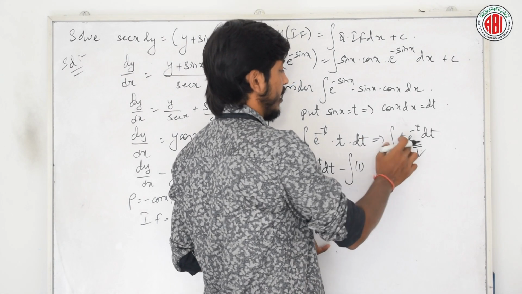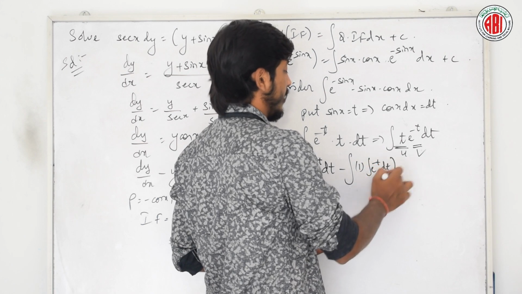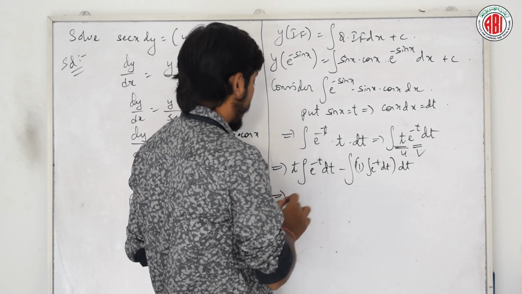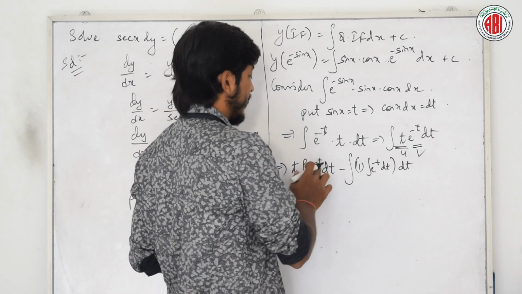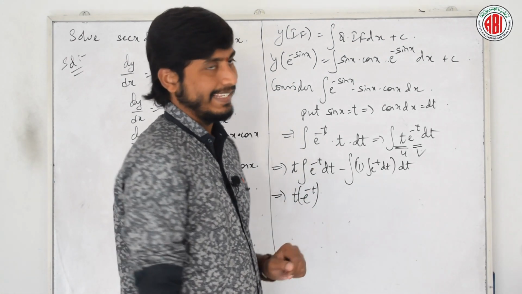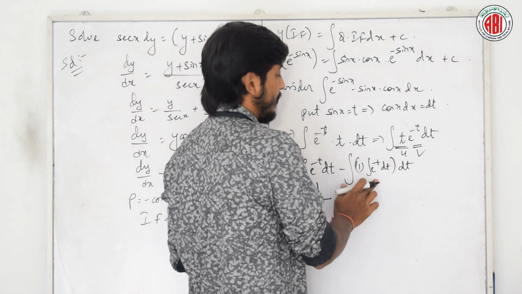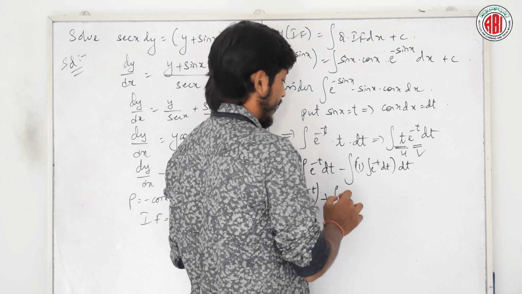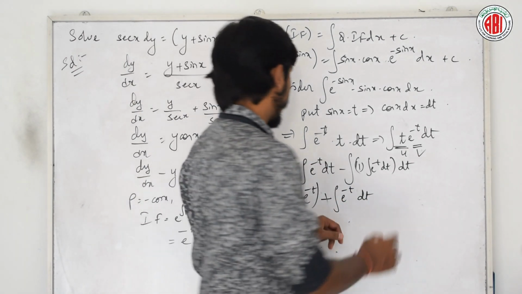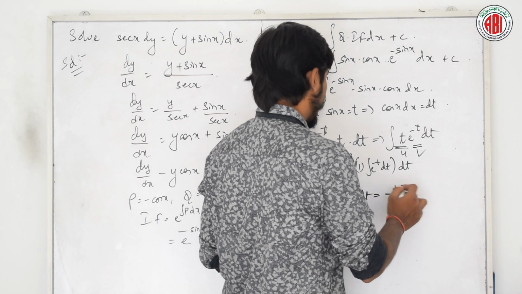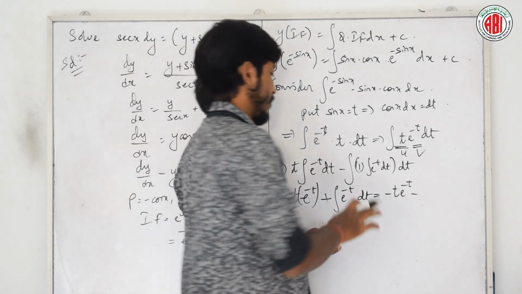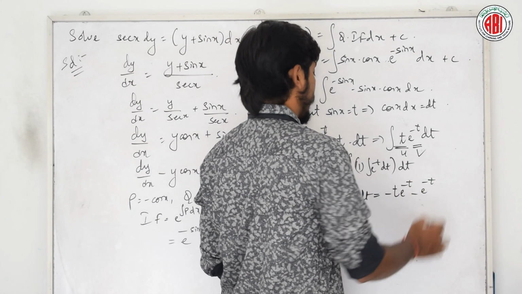Integration of t is 1, and the integral of e power minus t dt is minus e power minus t. So we will get t into minus e power minus t, minus integral of 1 into minus e power minus t dt. So let me multiply and simplify. This will be minus t e power minus t, and here again the integration of e power minus t is minus e power minus t. This will be minus e power minus t.